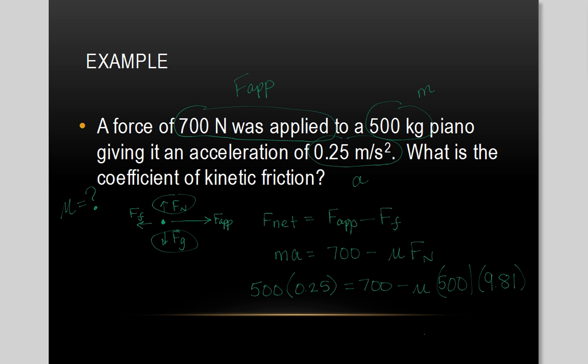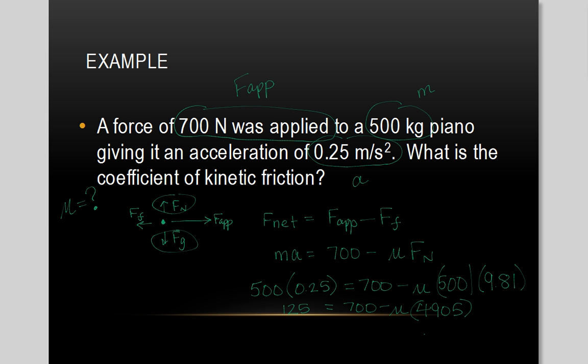Put the variable on one side, put the number on the other. Maybe you want to simplify those values first. So I simplified the values. Now do you notice that the variable is on the right-hand side? The one that you want to solve for, mu, it's on the right-hand side.